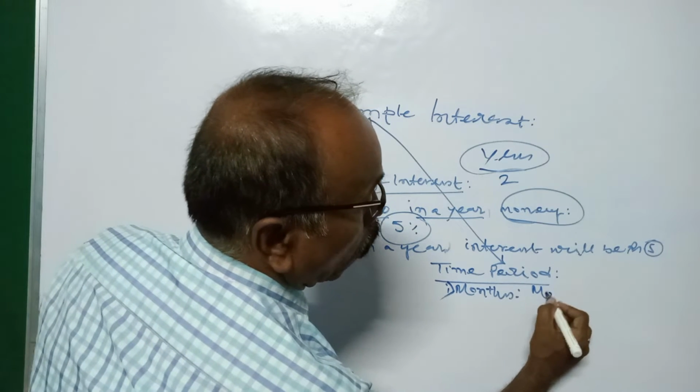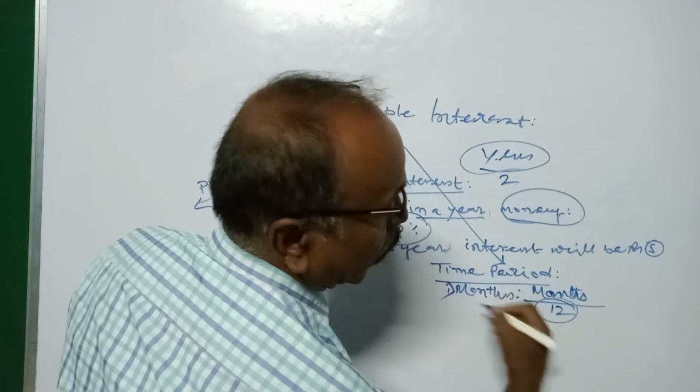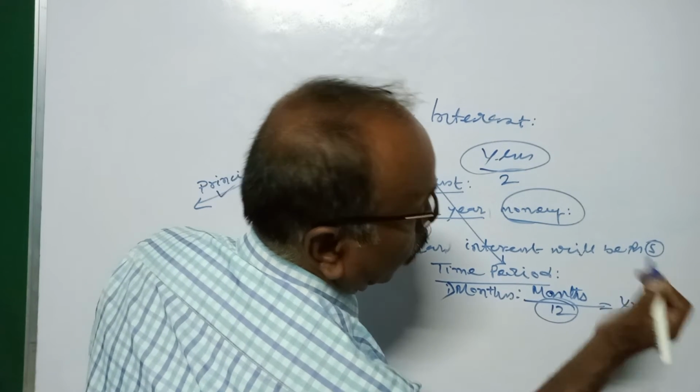But when it is deposited for months, then we convert it into years. Likewise, months divided by 12. Am I clear? It is converted into years.